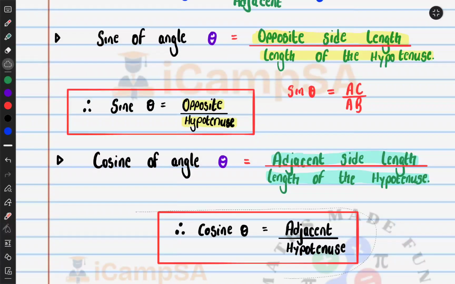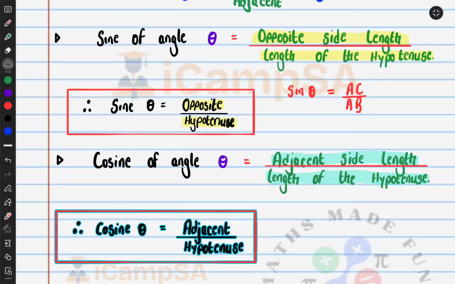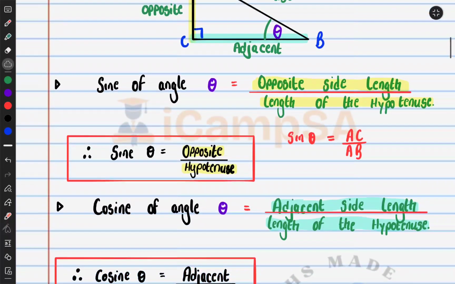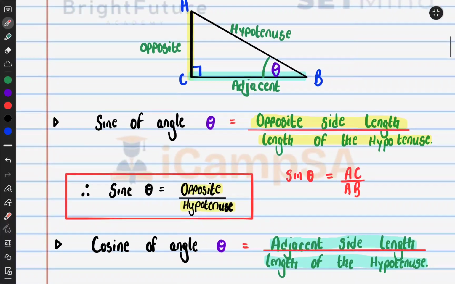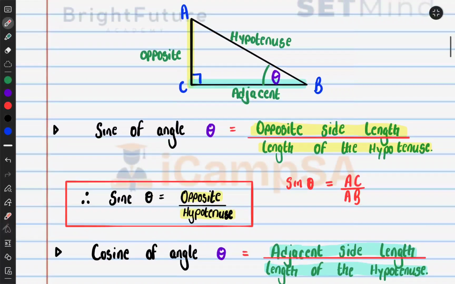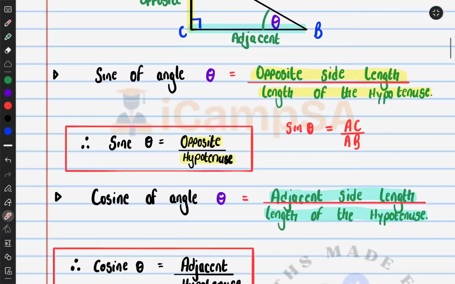Once again, let's go back now to our sketch and find the cosine of theta for this triangle that we are dealing with here. So we are saying cosine theta is the length of the adjacent side. What is the side adjacent to theta now? It is going to be side CB. This is the adjacent side, and then the hypotenuse side once again is still going to be AB.